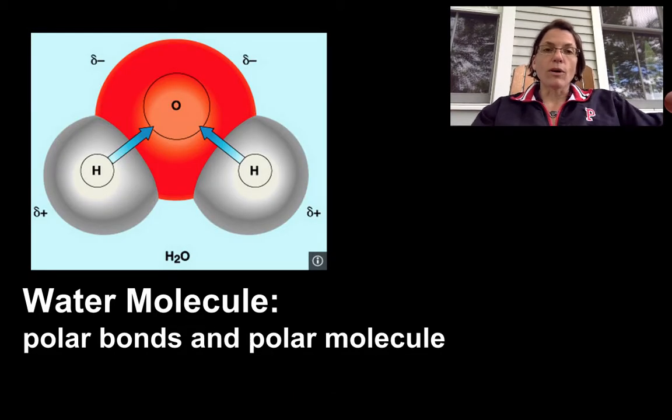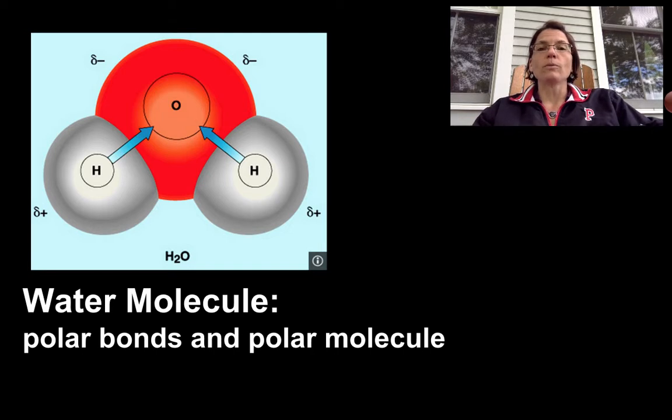Okay, so let's go back to our water molecule. You can see here that we have two polar bonds in this molecule, so the oxygen end of each bond is slightly negative, and the hydrogen end of each bond is slightly positive. In effect, the entire water molecule becomes polar because it's made up of two polar bonds. And incidentally, they don't cancel each other out.